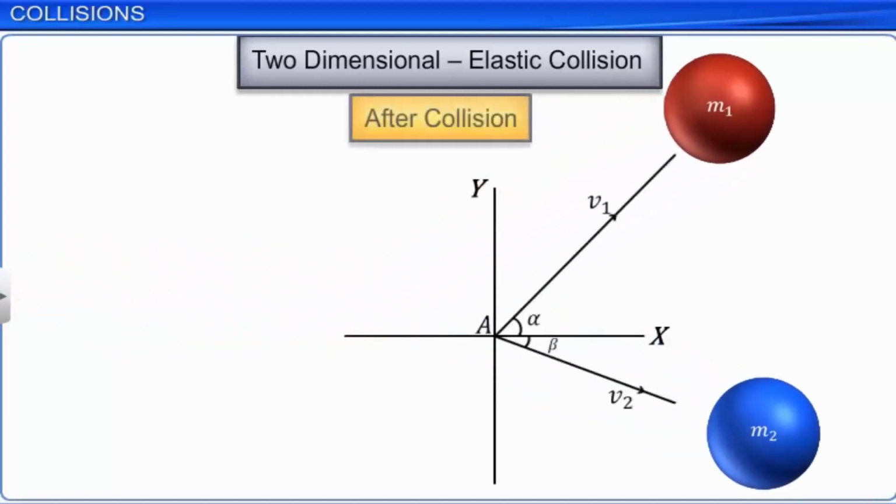Just after the collision, m1 moves away with velocity v1, making a positive angle alpha with the x-axis, and m2 moves away with velocity v2, making a negative angle beta with the x-axis.